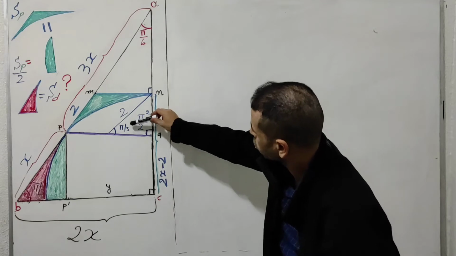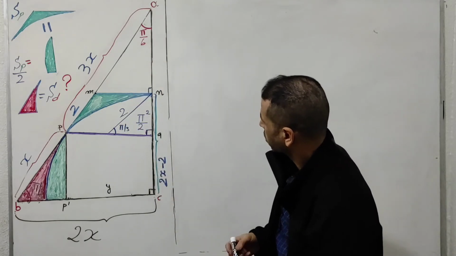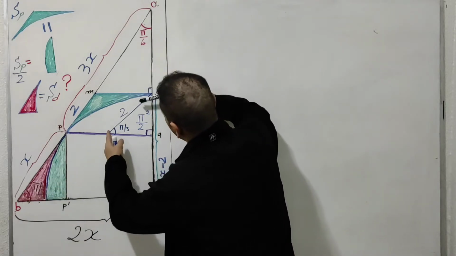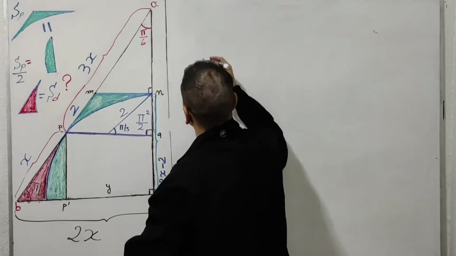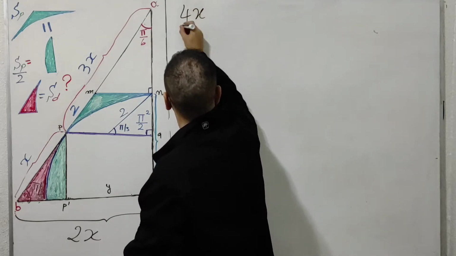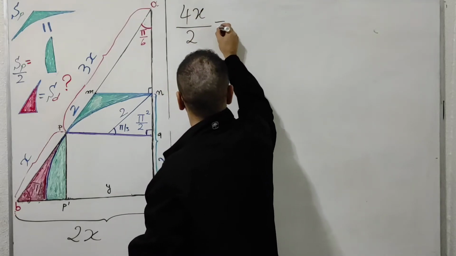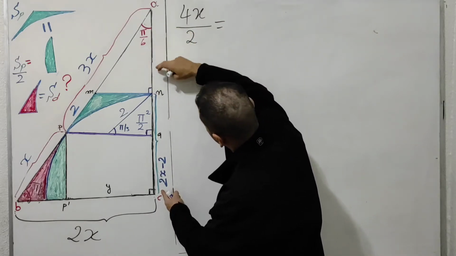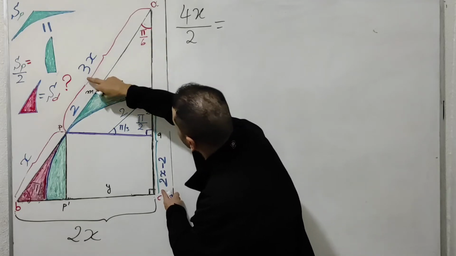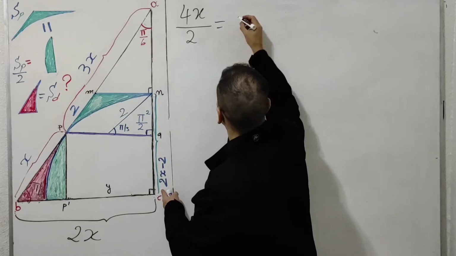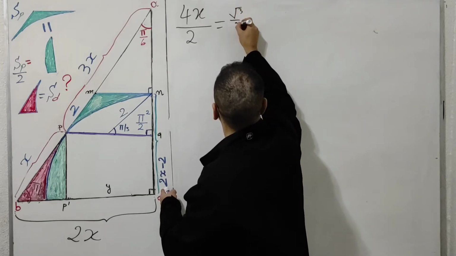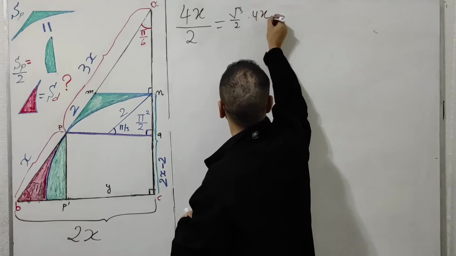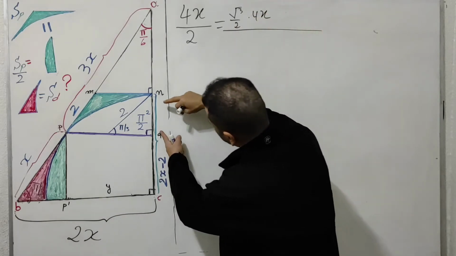Since this small triangle and big triangle are similar, the ratio of the hypotenuse of the big triangle divided by that of the small triangle, which is 4x divided by 2, equals this distance, which is cosine pi over 6 multiplied by 4x, cosine pi over 6 is equal to square root of 3 over 2, multiplied by 4x, divided by this distance.